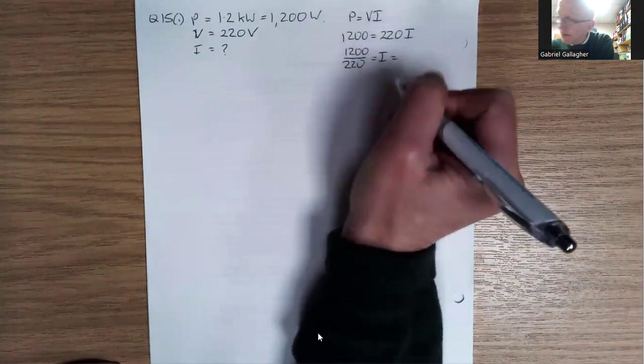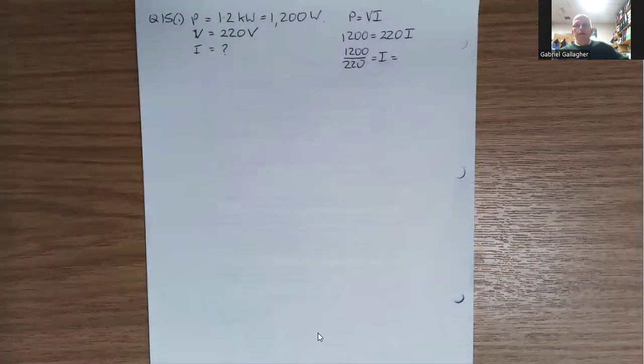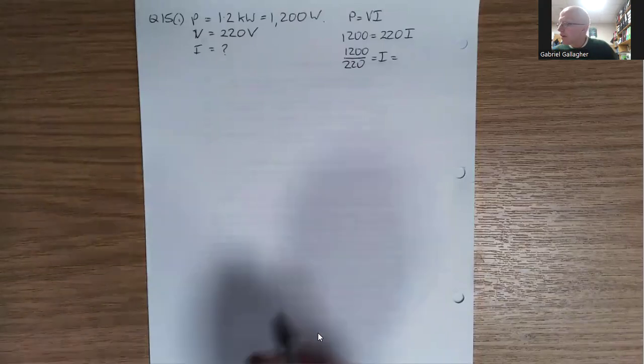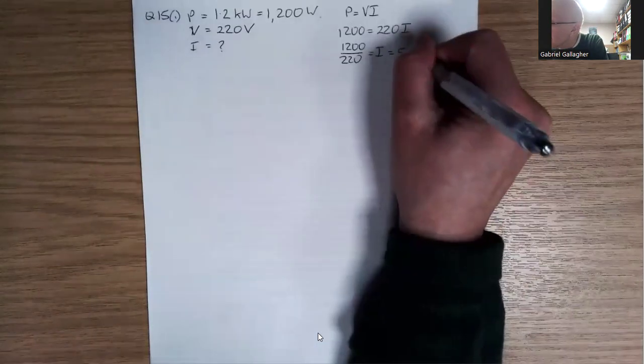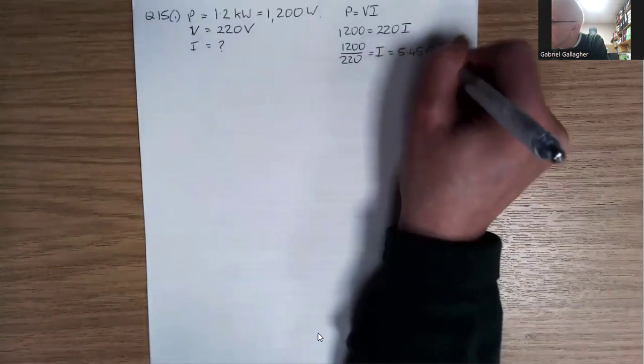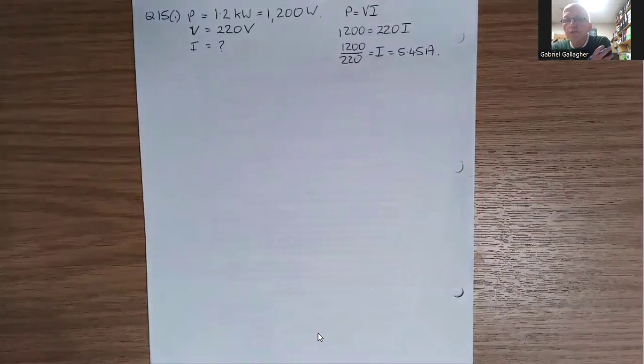That's I. Work that out: 1200 divided by 220 equals 5.454545. So we'll just say 5.45 amps. That's a chunky current, much bigger than anything we've seen before. Heaters, particularly heaters delivering high power, tend to use very large currents.